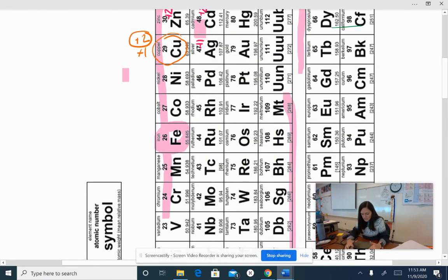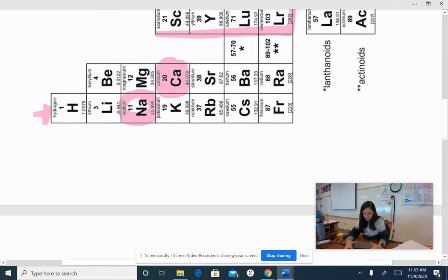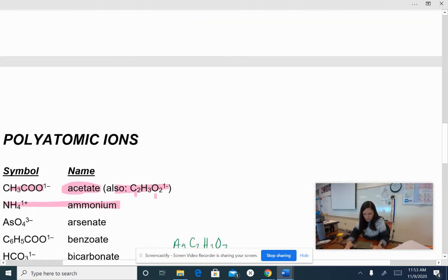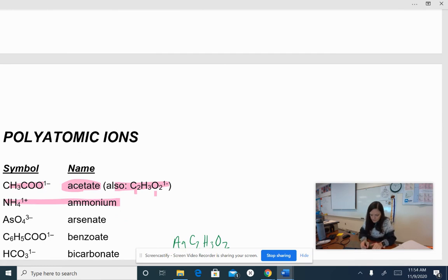If I look up acetate, and if my brain remembers, acetate can be written 2 ways. For this purpose, we are going to use C2H3O2, and notice its charge is also -1. So let's write that down.